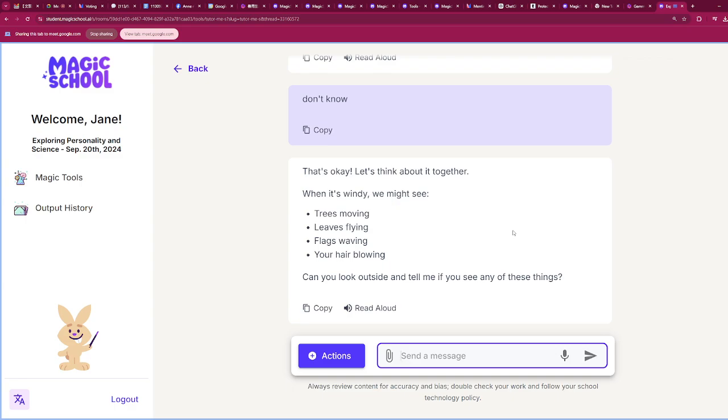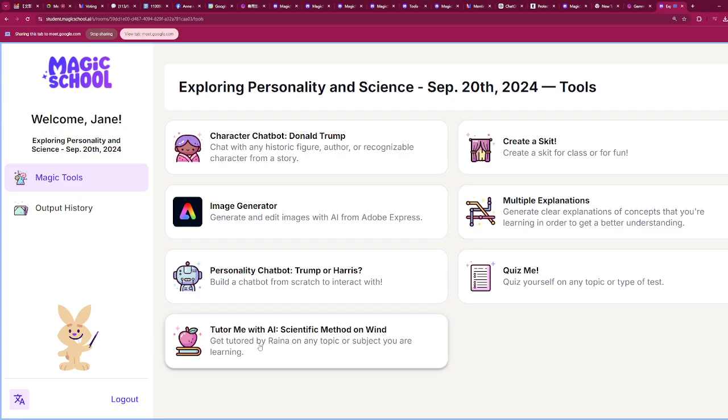So basically, step by step, leading students to be familiar with the scientific method through this chatbot, AI tutor.